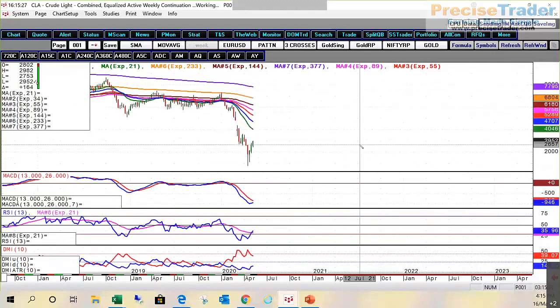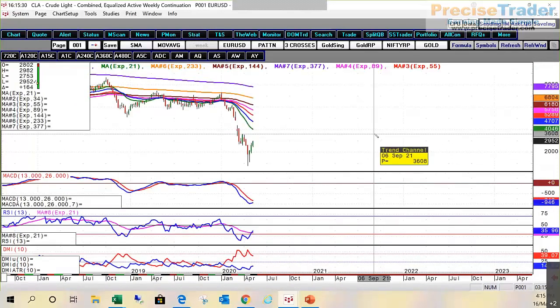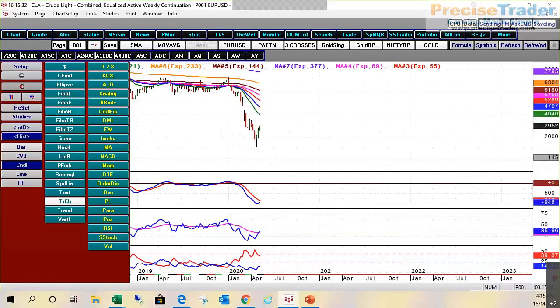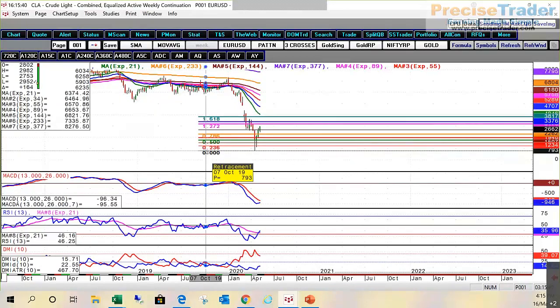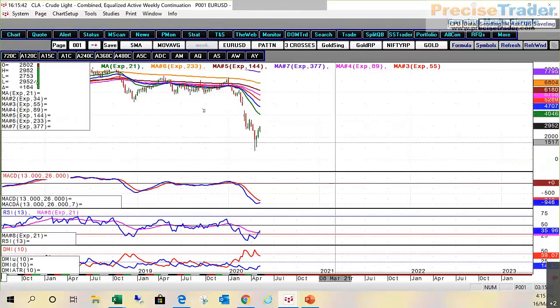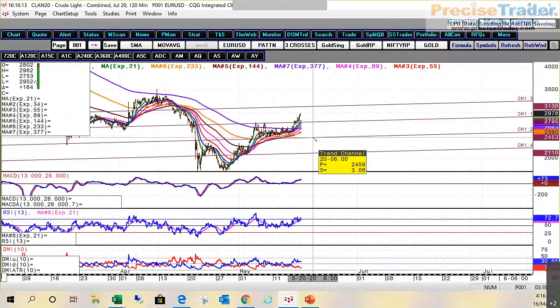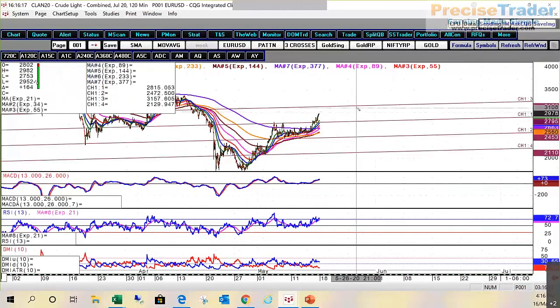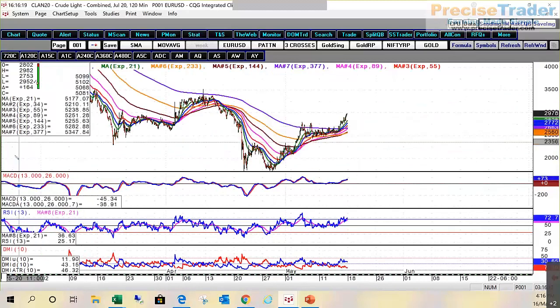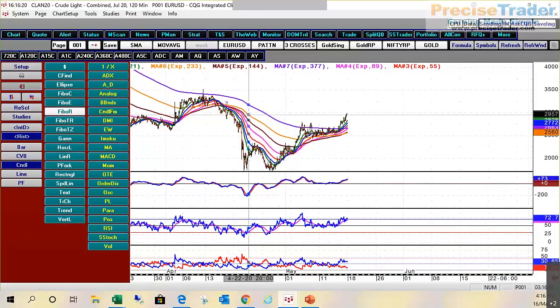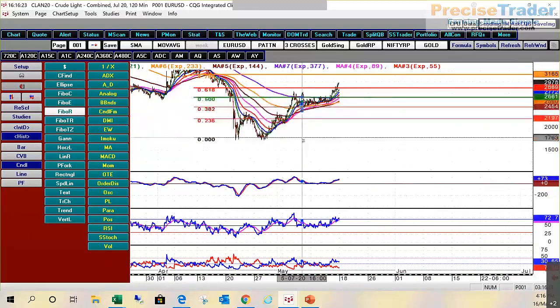Looking at this, let me see, 33.70. Yeah. So what we can do is we can short near 31.40 to 33.70. So that is where we expect the market to turn.